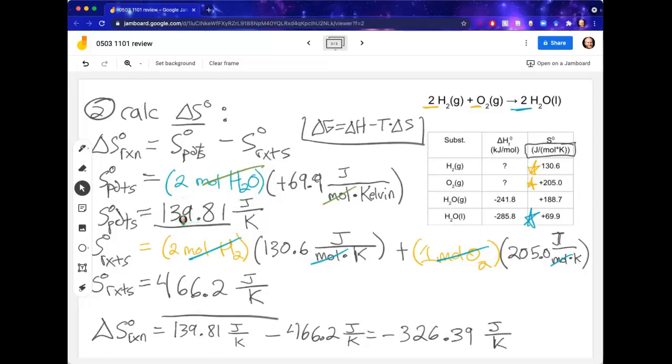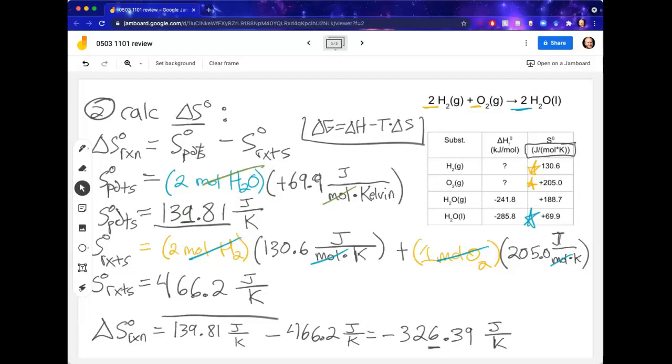So that would lead us to having the ones place as the least significant decimal place. And the reason I say that is because the last step for delta S is a subtraction. And so we have to go by the least significant decimal place. And in that case, it's going to be the ones from this 139. Like I said, though, a bit subtle.